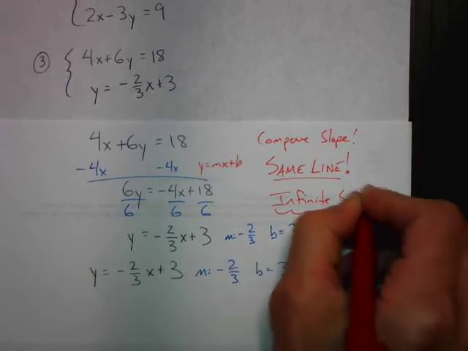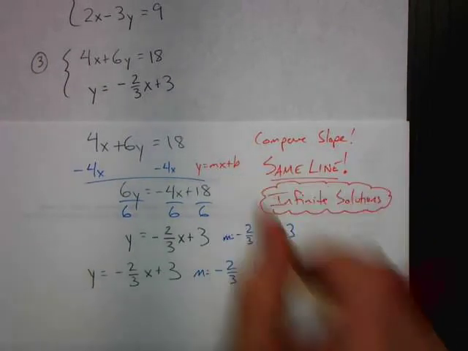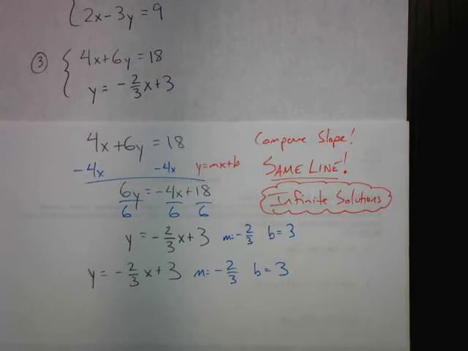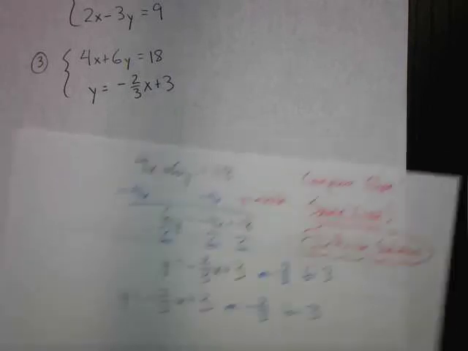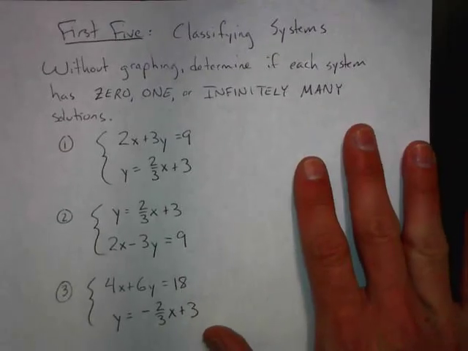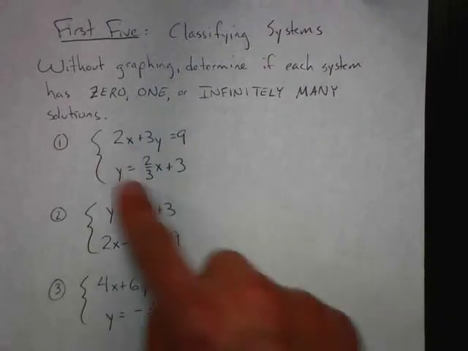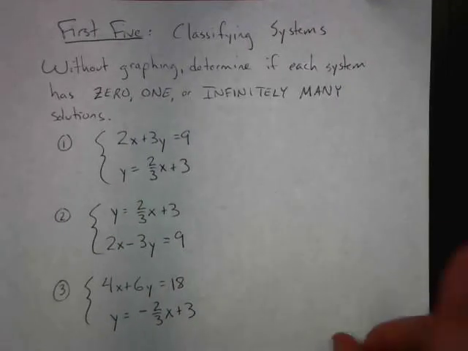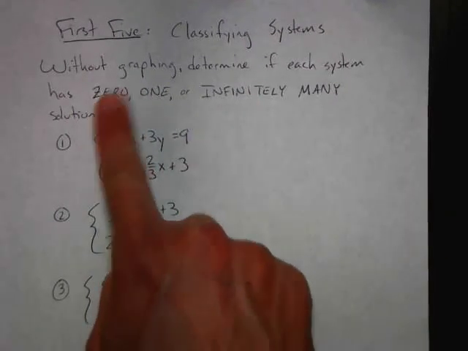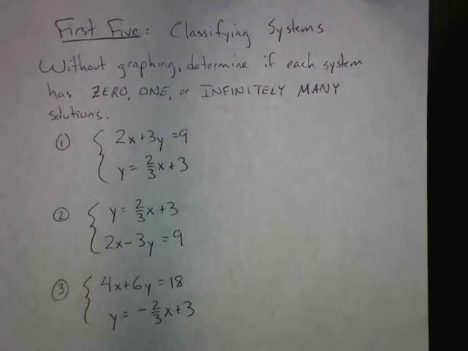Just like we had with equations, sometimes there's no solutions, sometimes there's infinite solutions. Same thing with systems of equations. We're going to be able to tell all that information without even graphing, by comparing slopes and comparing y-intercepts. We can now tell if a system has 0 solutions, 1 solution, or infinitely many solutions.